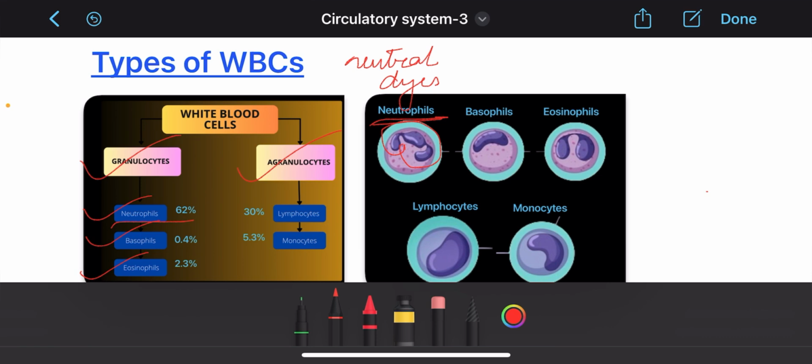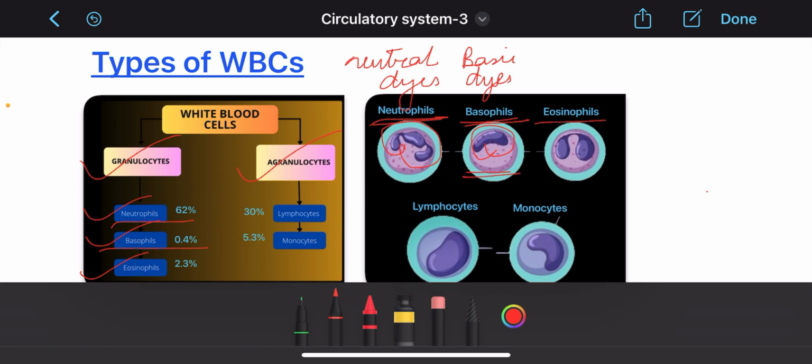Now the second one is basophil, which is about 0.4%. It has an indistinctly lobed nucleus. It takes up basic dyes. Therefore, they are termed as basophils. The function of basophil is to release a chemical, that is histamine, for inflammation, which dilates the blood vessels.